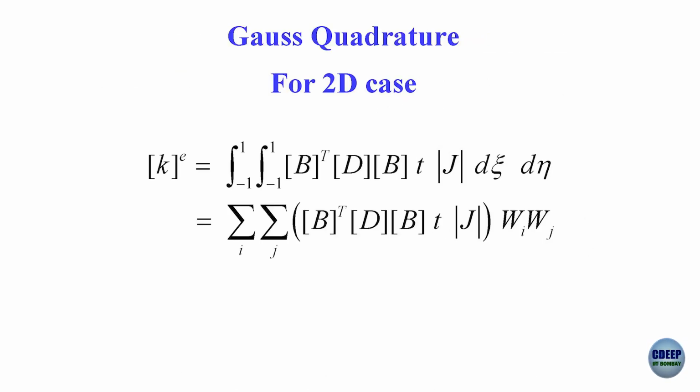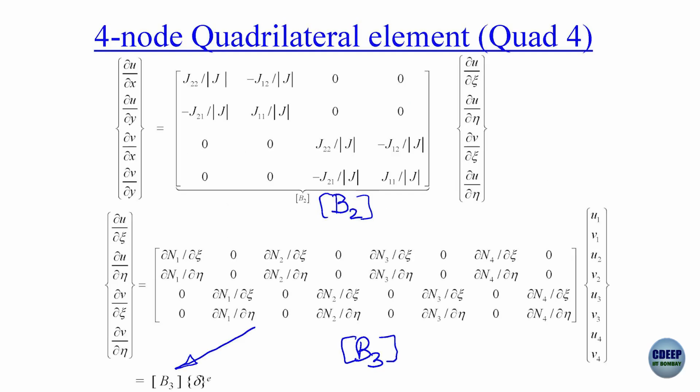The whole integrand that varies from point to point in general is B transpose DB into thickness, and in some cases also into the Jacobian. Why are all of these varying? Because of how we have written it: B1 does not vary, but B2 has the Jacobian that can vary from point to point within the element, because zeta and eta vary from point to point.